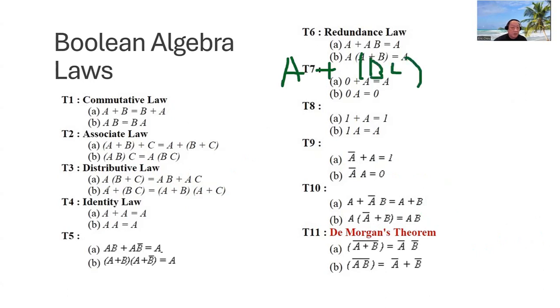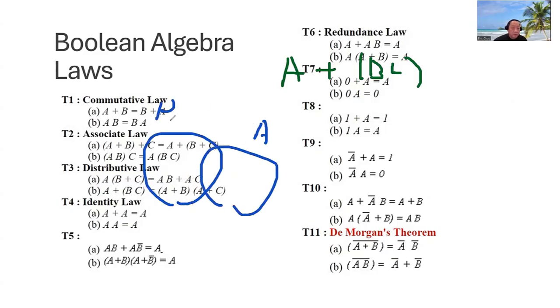Okay, let's look at this one. A, B, C. So B and C is this portion. A or B and C is this.